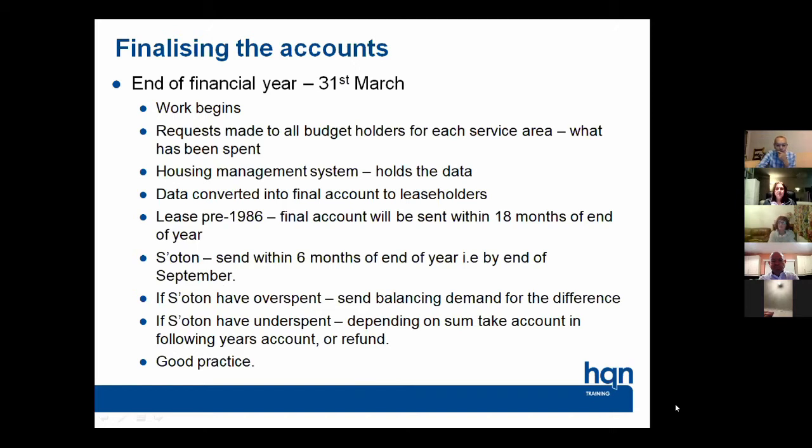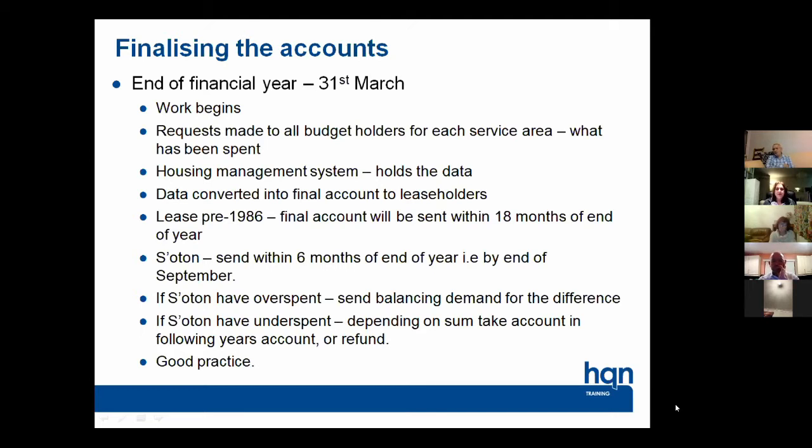It's usually a collaboration between budget holders and the finance department, and once they've got all of that information, they use the housing management system to capture that data and convert it, because it doesn't speak the same language as the home ownership team would like it to speak, in forming those final accounts. So it needs to be converted. And that's where a lot of testing takes place, because that conversion can be a bit of a painful exercise, and I've already mentioned why.